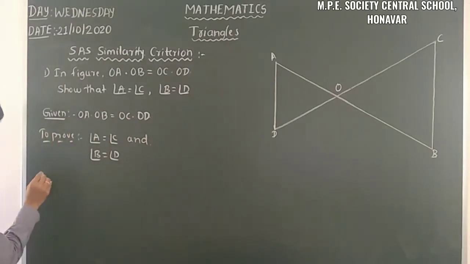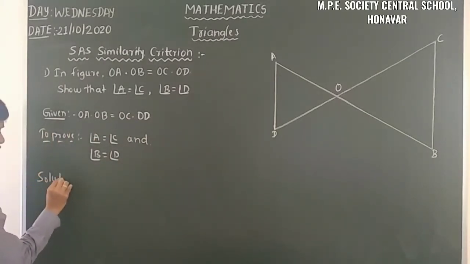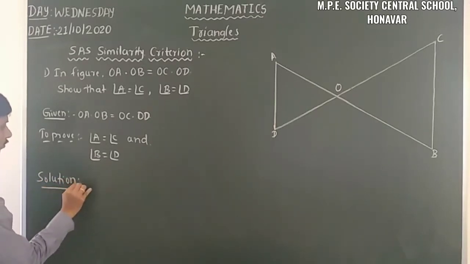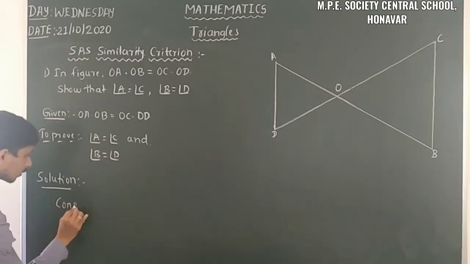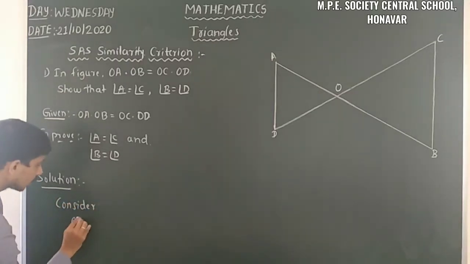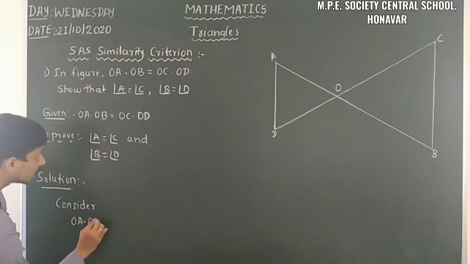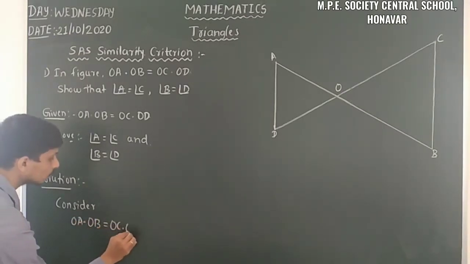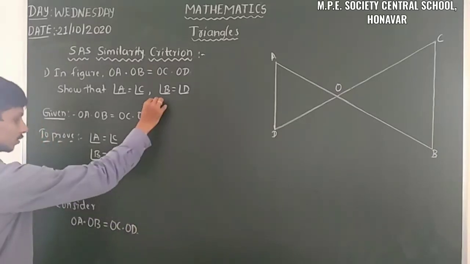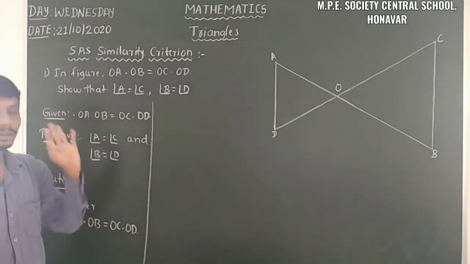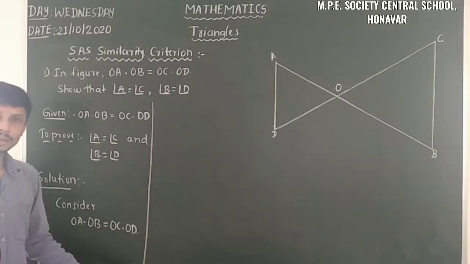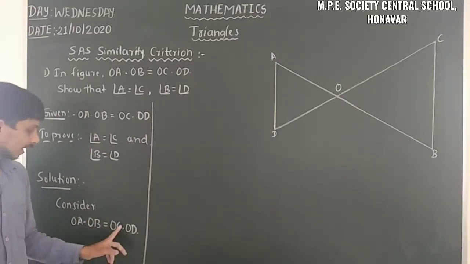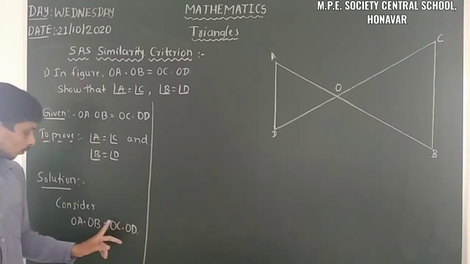So let us take the solution here. Consider OA into OB is equal to OC into OD. Here I will transpose OB to the RHS and OC to the LHS.